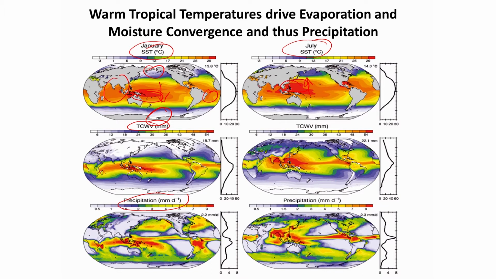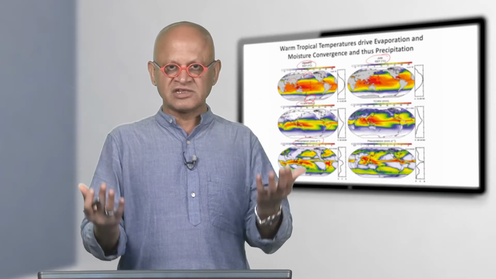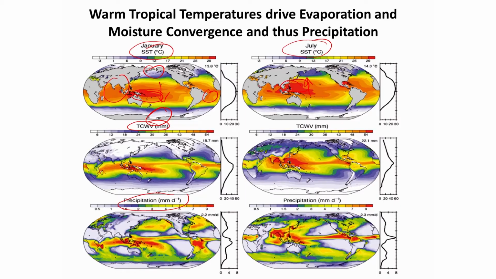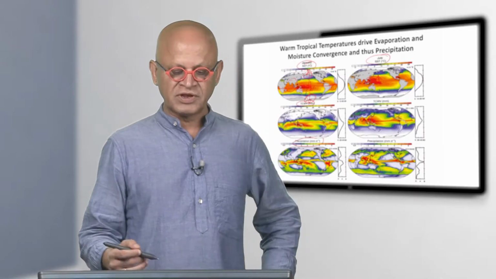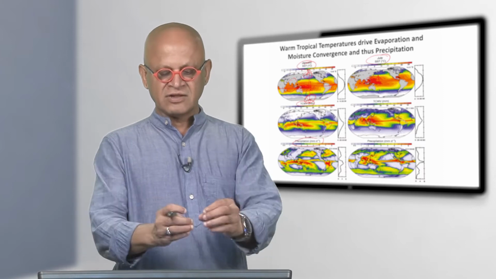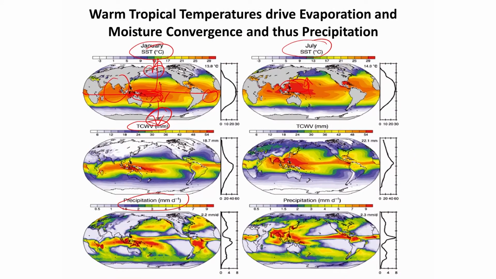The total column water vapor already begins to tell you that there is some sort of a scale selection going on. So we looked at zonal mean meridional circulations when we did Hadley cells, and then we opened it up and said there is a Walker cell when we did El Nino. So all that circulation, so you had the trade winds, mid latitude westerlies, polar easterlies, and the Hadley cell and so on together generate this kind of moisture loading.